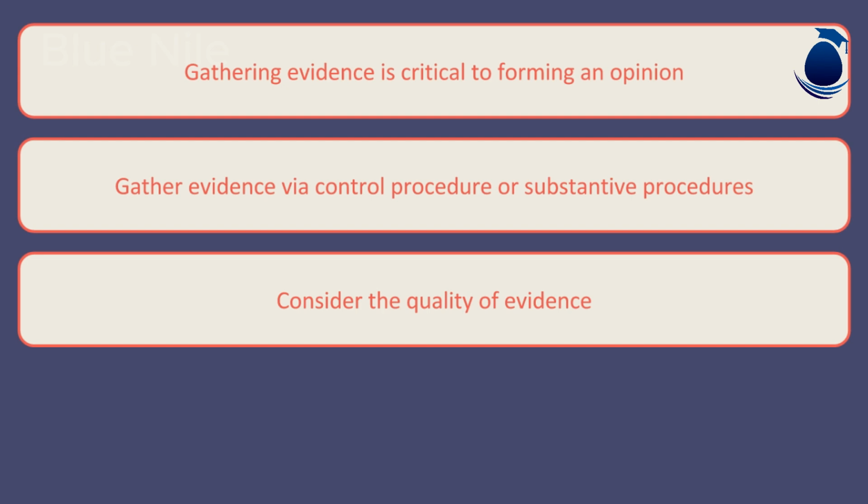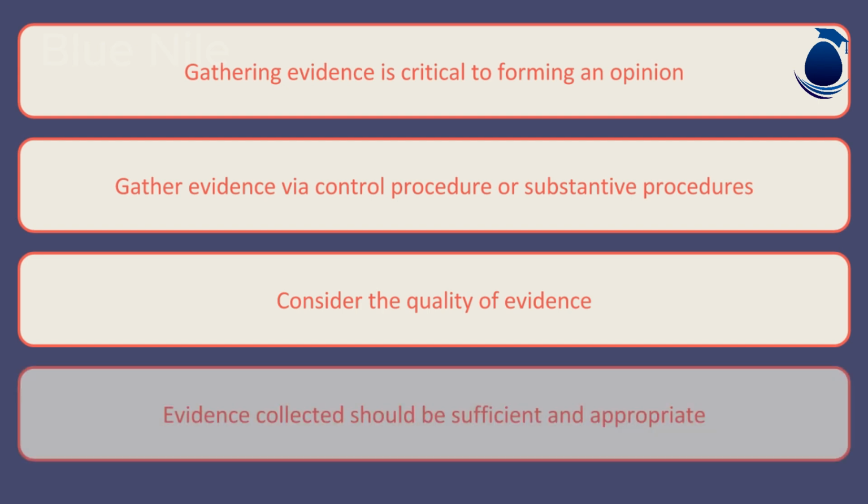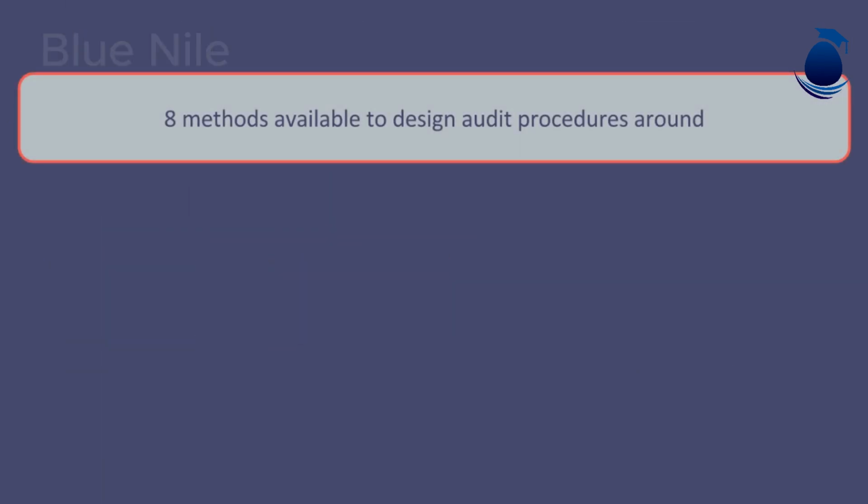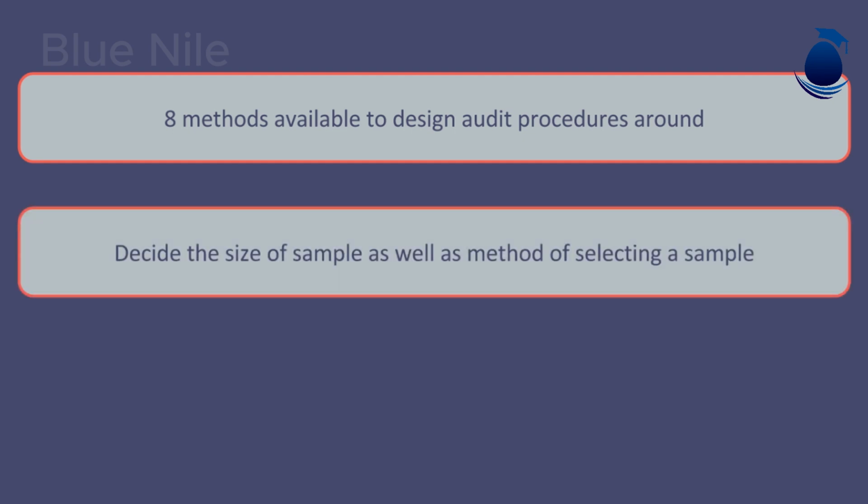This will depend on what is being reviewed, but they must ensure evidence collected is sufficient and appropriate. There are 8 methods available to them which they design their audit procedures around. And the auditor must also decide on the size of the sample transactions to test, as well as the method of selecting the sample to perform the audit procedures. Statistical or non-statistical is acceptable.